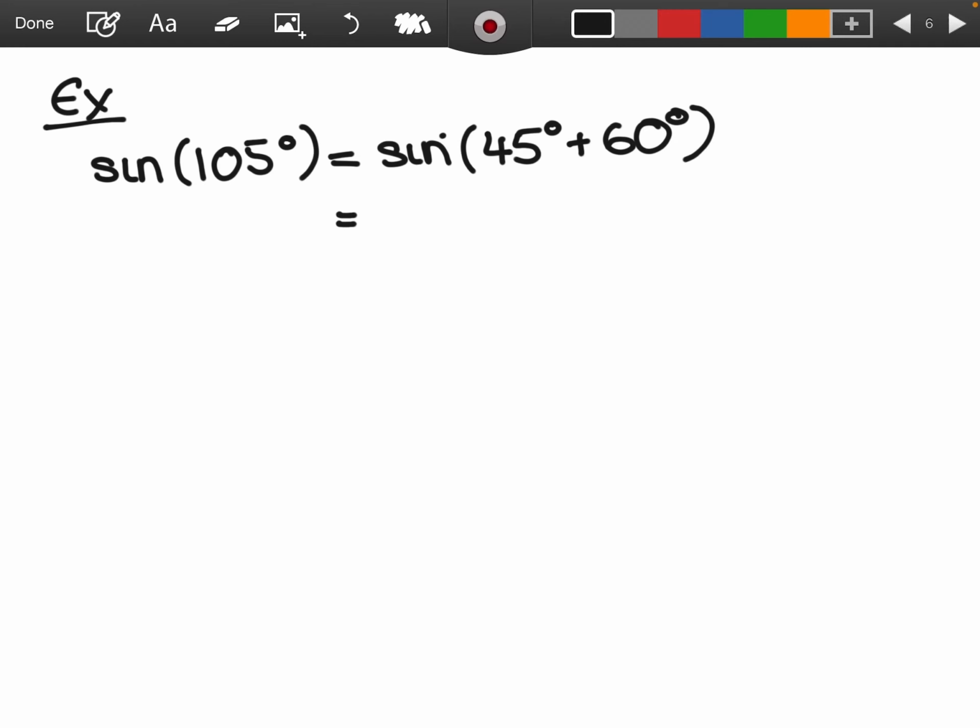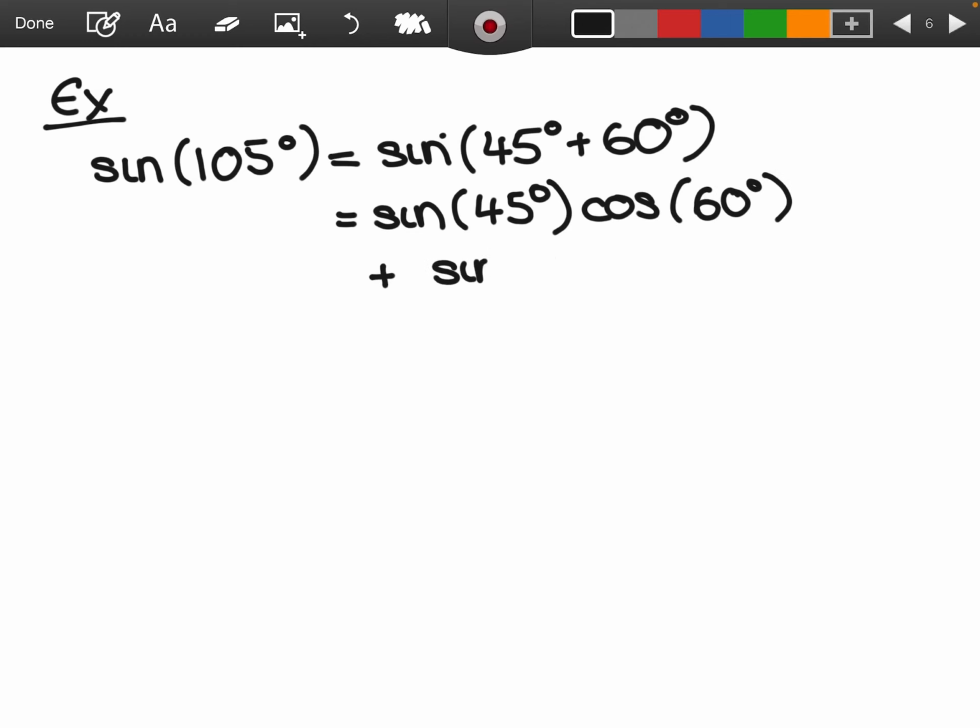So sine of two angles added together is sine of the first angle, cosine of the second angle, plus sine of the second angle, cosine of the first angle. Okay, so I'm just using that sum formula for sine.